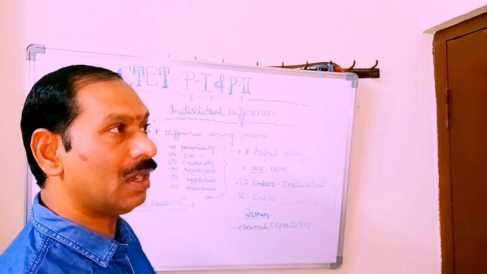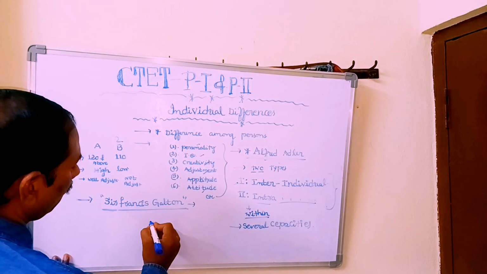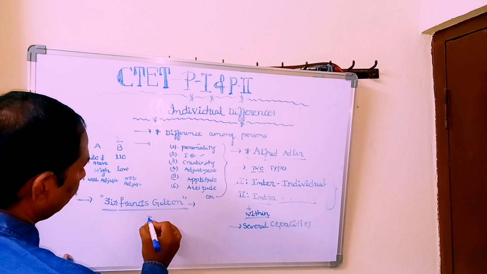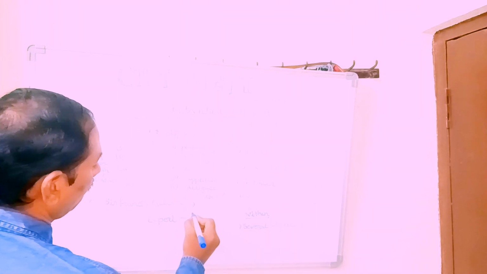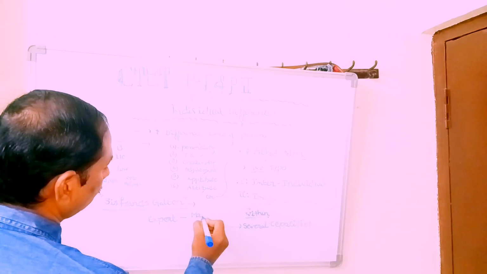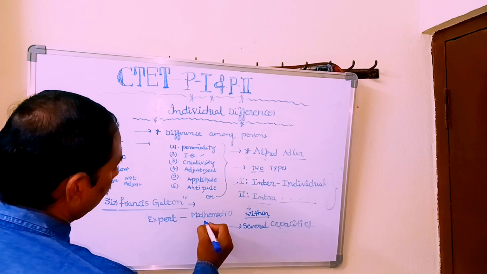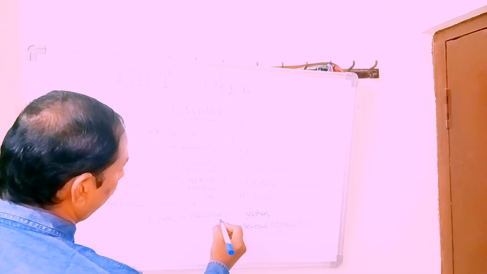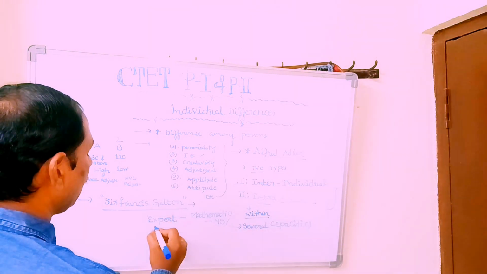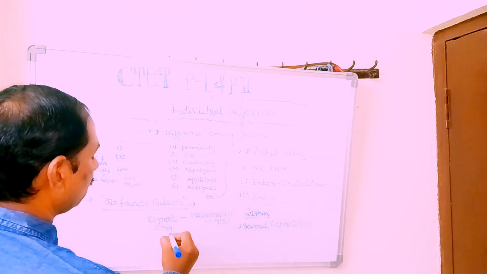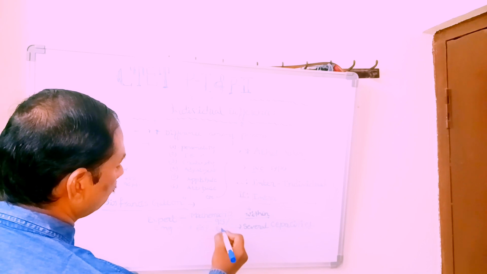What are those several capacities? A person is expert in mathematics. He got 95 percentage in mathematics, and the same person got 60% in English.